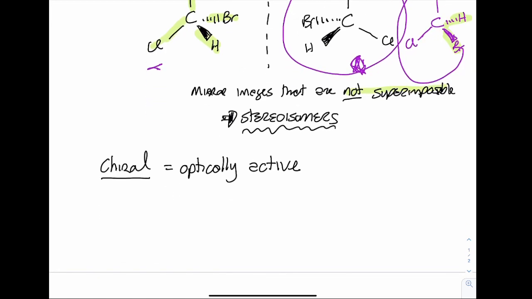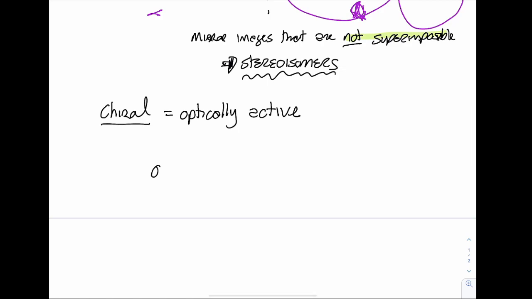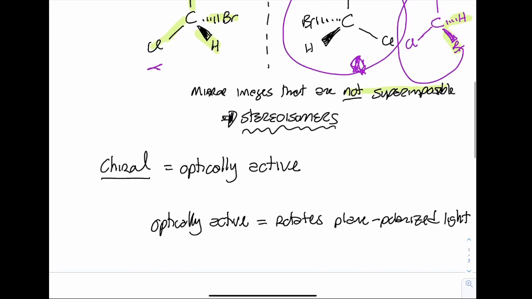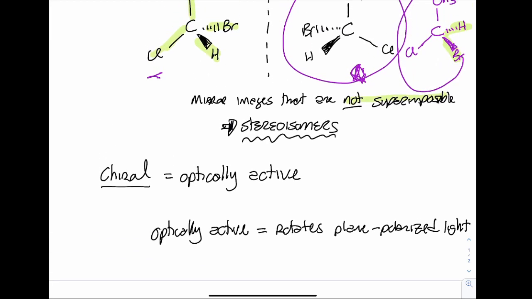Optically active means that it can rotate plane polarized light. If you have mirror images that are superimposable, they are not stereoisomers, they are not chiral, they are not optically active, and they do not rotate plane polarized light.